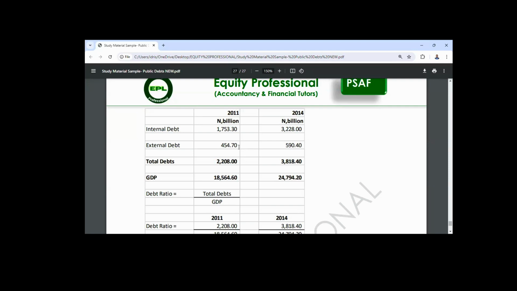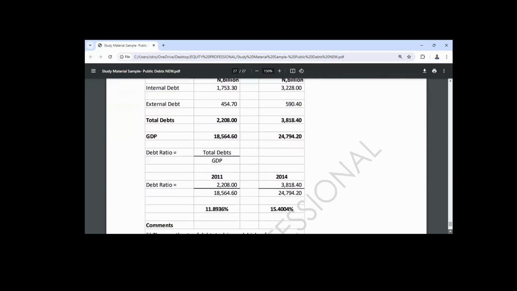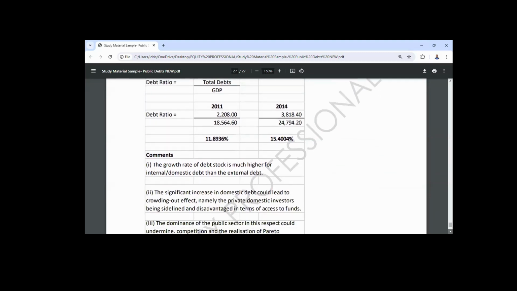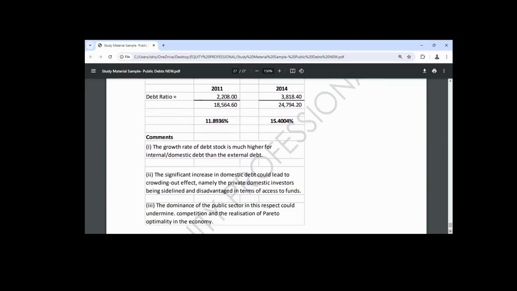So one of the reasons why we have an increase in the debt ratio from 11% to 15% was as a result of a significant increase in domestic debt, which is internal debt.